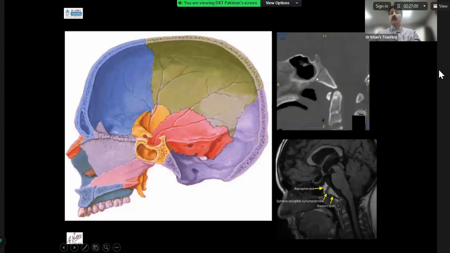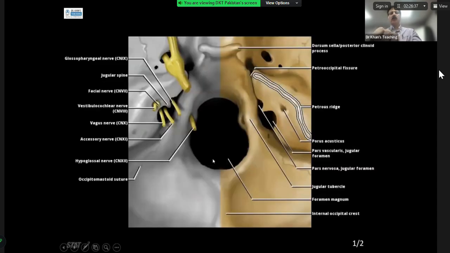If you are doing an on-call report of a trauma in a child, don't get confused that this is a fracture line. And on an MR, don't get confused. So this is the basisphenoid. This is the basi-occiput, which is part of the occipital bone, and this is known as the spheno-occipital synchondrosis. And in an adult, it will become just one bone.